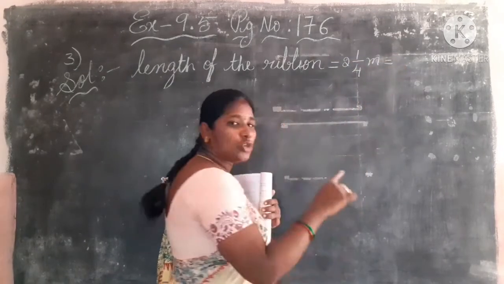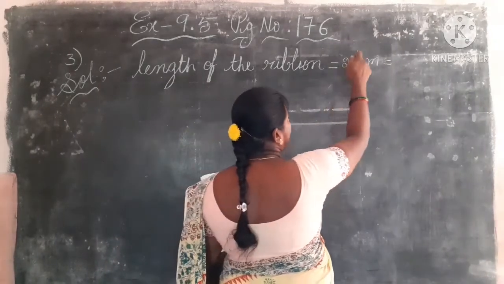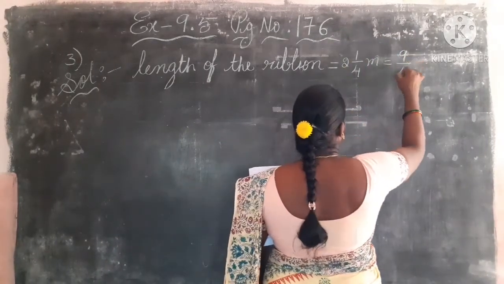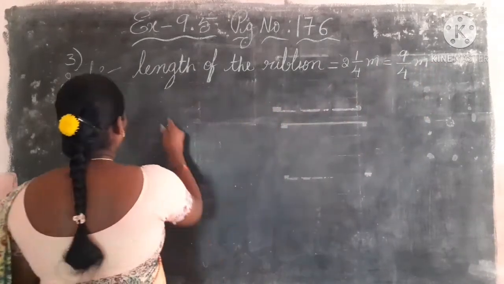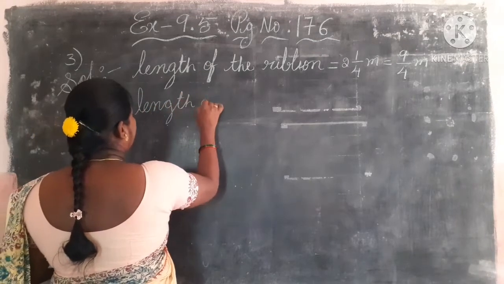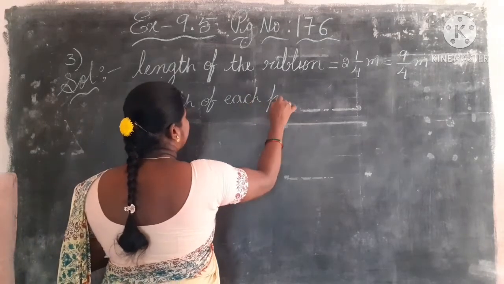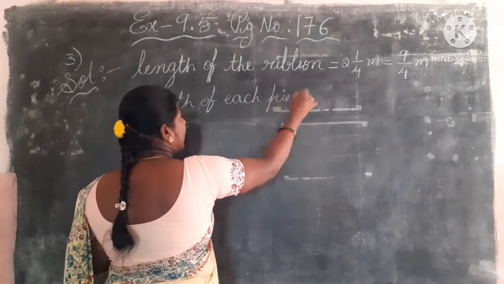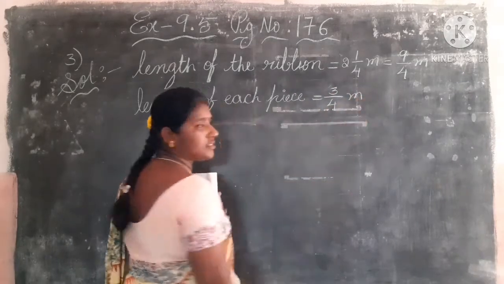Convert this 2 1/4 into an improper fraction. 4 twos are 8, 8 plus 1, 9/4 meters. This is the total length of the ribbon. So, length of each piece, the length she cut into pieces, each piece length is 3/4 meters.